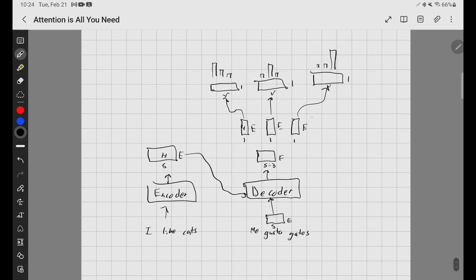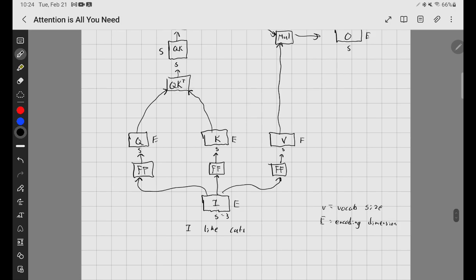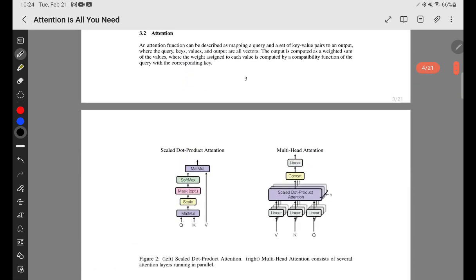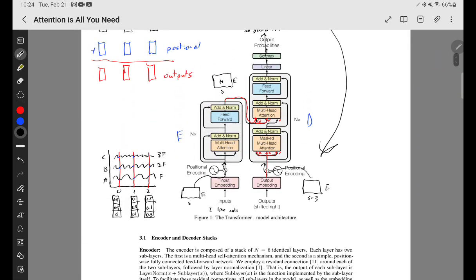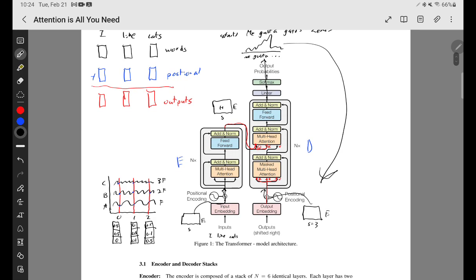And you can parallelize the output. So you're training in parallel as opposed to training on one word at a time, which is very slow. And that's why they mask it.